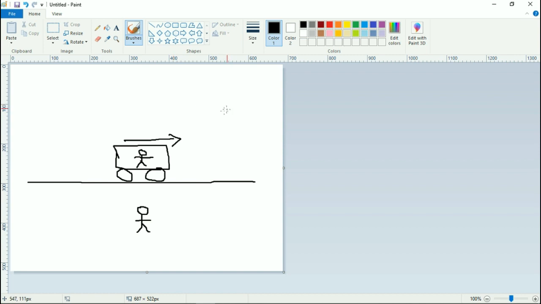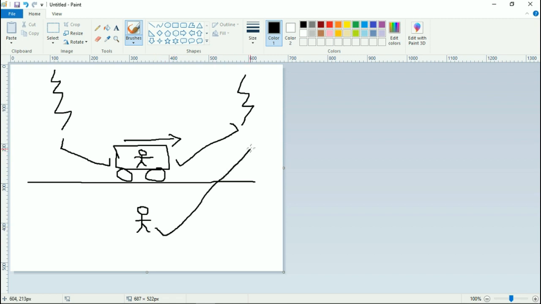Now let's say you have two lightning strikes. There's one, and there's one. Let's also say that this distance and this distance are the same, and that these distances are the same as well.